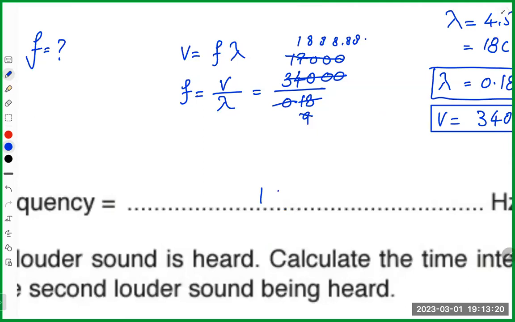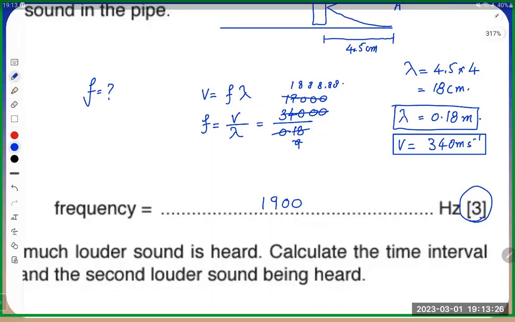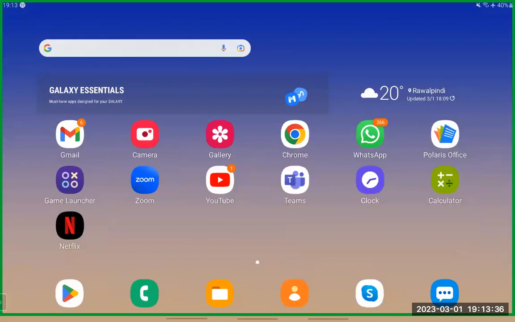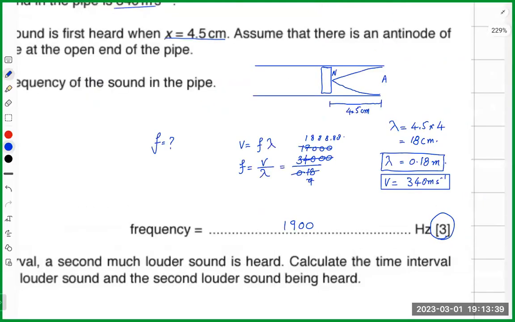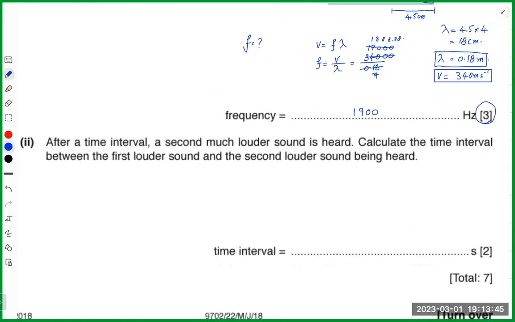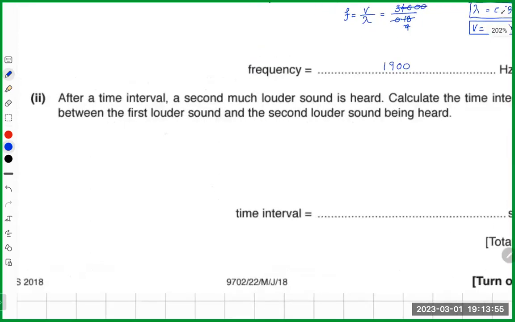So it will be 1900 hertz. Let me check using the calculator. 340 divided by 0.18. Yes, 1900 hertz. After a time interval of t seconds, a much louder sound is heard. Calculate the time interval. Another loud sound will be heard after half of lambda.